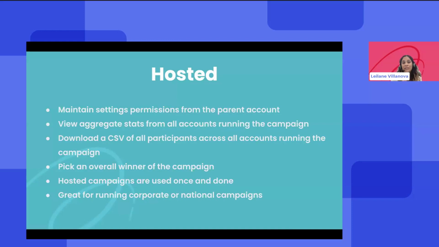You'll be able to download a CSV file of all participants across all accounts running that campaign. You can choose, say, two or three of your child accounts to run that CSV file from, or you can choose to have that CSV file downloaded from all of them. You are capable of choosing whatever data you need at that moment.